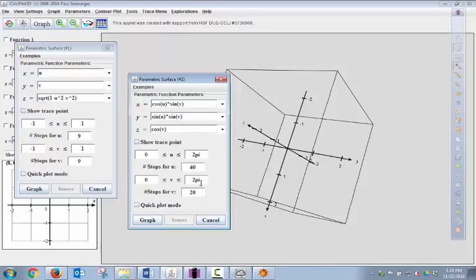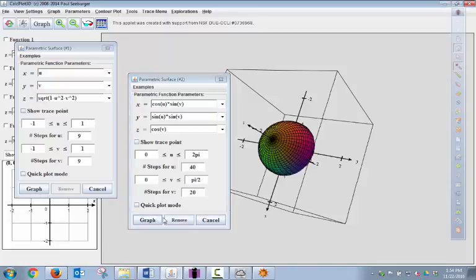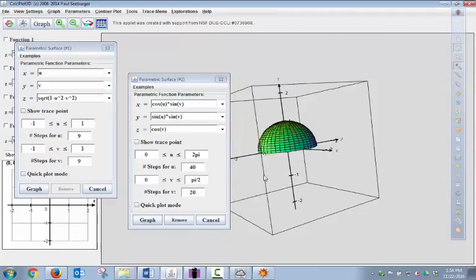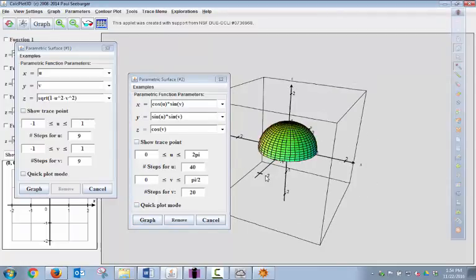So let's see. 2 pi, 2 pi. Maybe I don't want to go that far. My u is my theta. My v is my phi. So let's go to pi over 2. And if you look, it's graphed nicer. I don't have those tails on the corners. And if I break this down, remember that my theta is the measurement around.